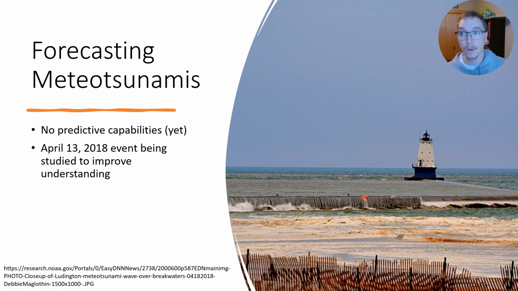So some level of warning could go out. That's cutting edge research. That's where we're at right now, which is really exciting to see that we're starting to improve. We're starting to have some idea of how to predict these wild and mysterious phenomena.